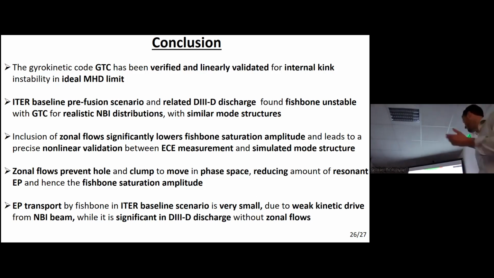Finally, we have found that the transport by fishbone in the ITER scenario is very small due to the weak kinetic drive found from the NBI beam, quite unlike the significant transport for the DIII-D discharge without the flow. Thank you for your attention.